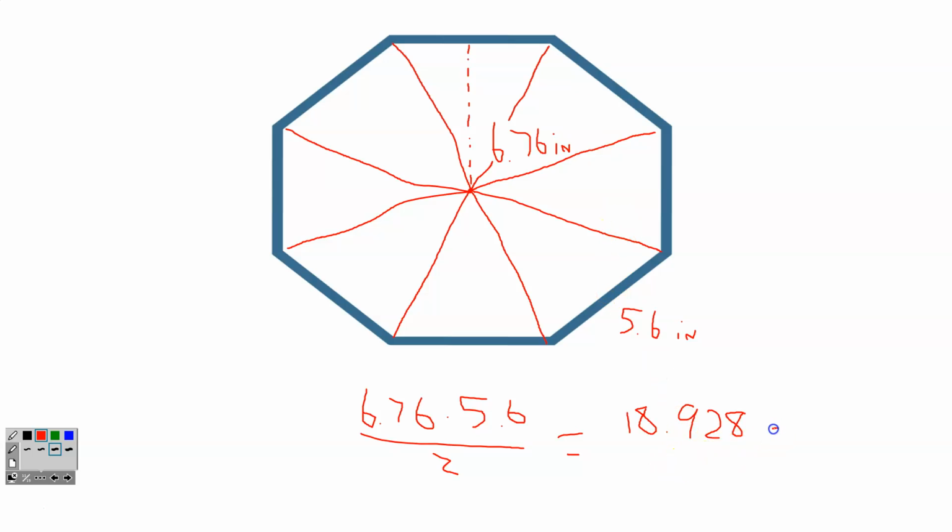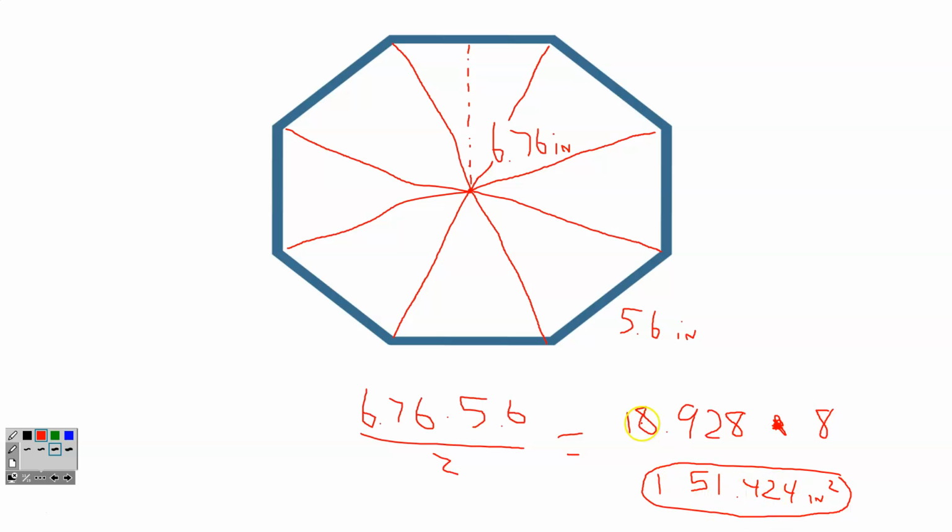So I'm going to multiply that answer by 8. When I multiply that number by 8, I get an answer of 151.424 inches squared. So there's my answer. This is if you want to break it up into triangles.